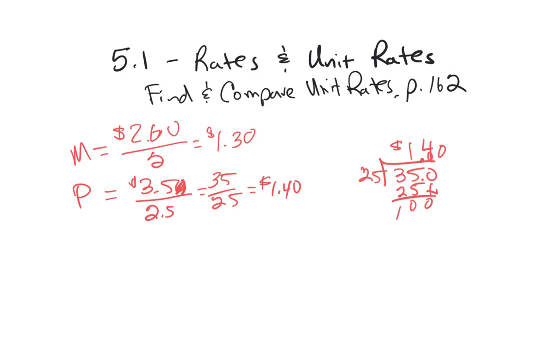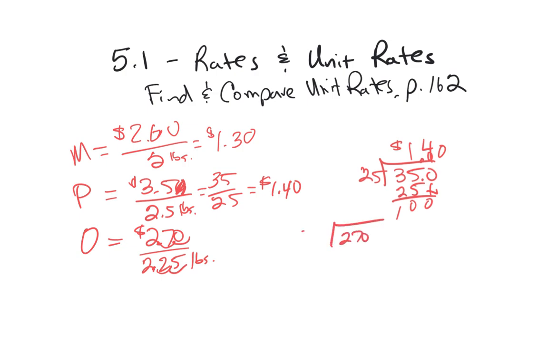All right, now we move on to the oranges. And that's $2.70 for 2.25 pounds. And I should be putting pounds down here so we can keep track of that. Okay, and I can just simply multiply both of those by 100. So actually what I'm doing is 270 divided by 225.